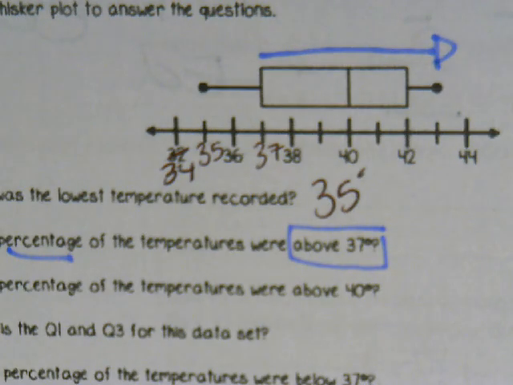So we add all those up. 25, 25, 25. And we get 75. Yep, 75. How'd you guys get 40 and 45?